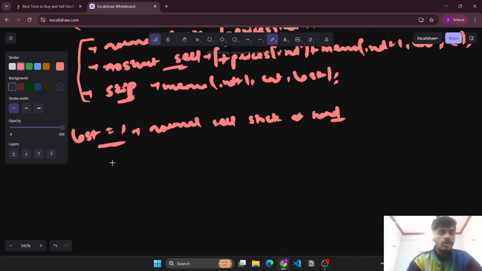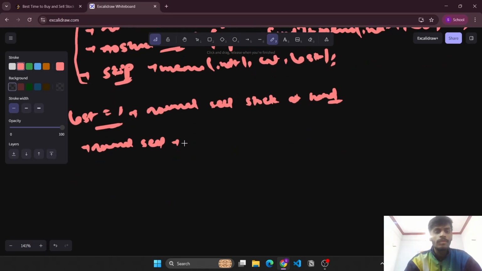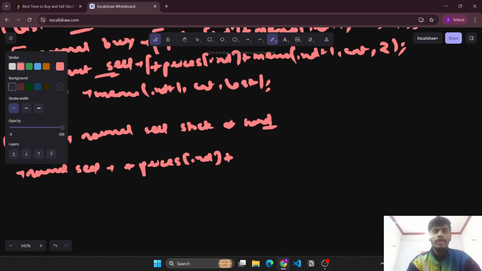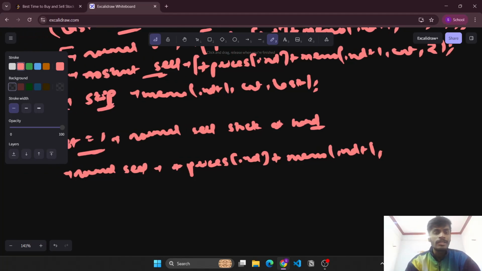So we can do a normal sell because we initially bought it. What price will we get? We'll get plus prices of index, and now plus the memo of index plus 1, and now this transaction should be completed.